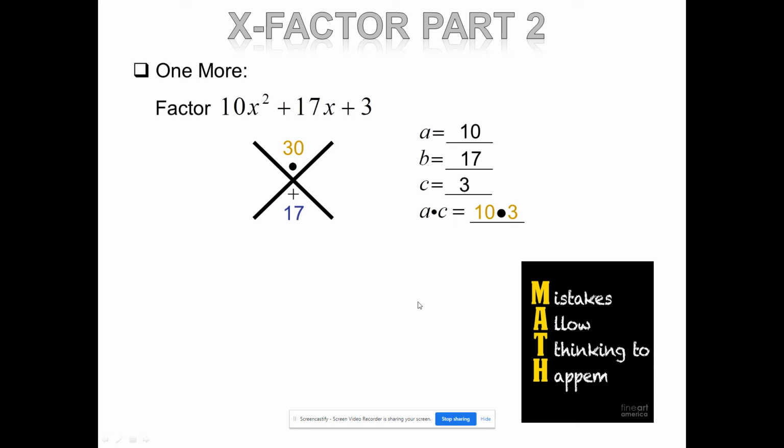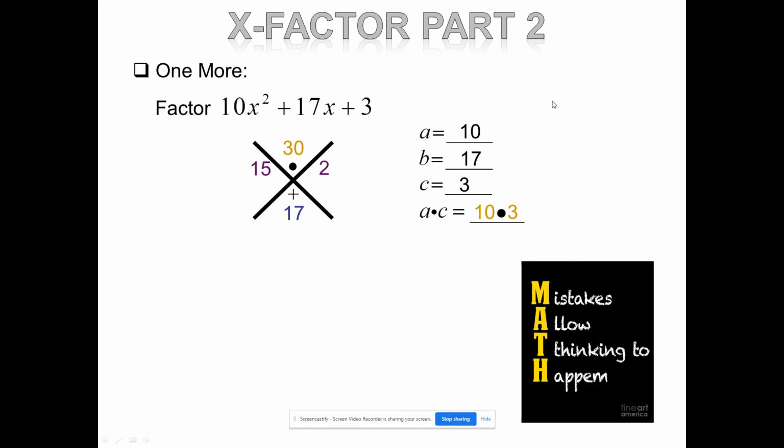So we need to think of two numbers that when you multiply them, you get 30, but when you add them, you get positive 17. It might not be obvious at first, but it's an easy one. 15 times 2 is 30, and 15 plus 2 is 17.